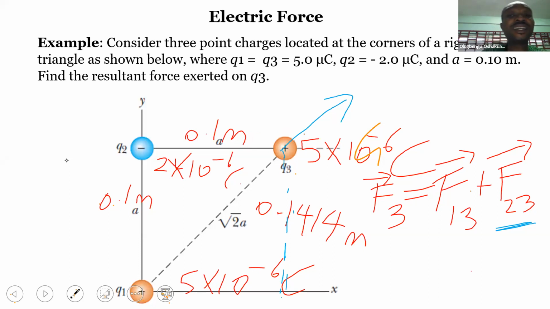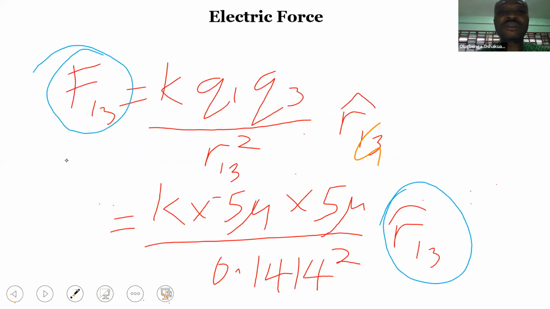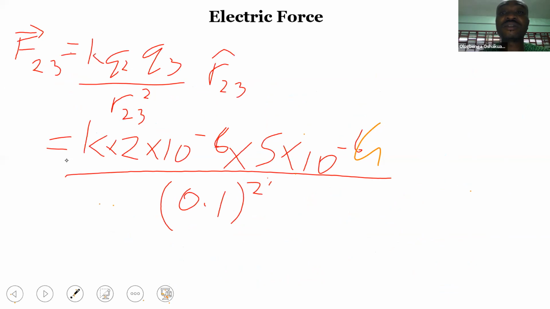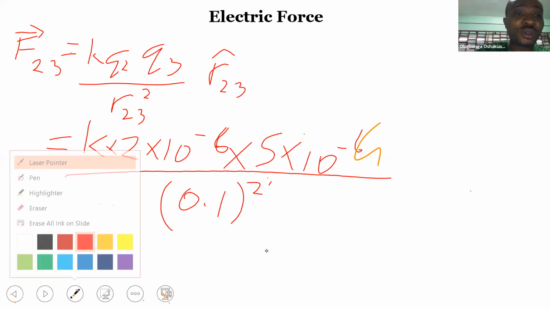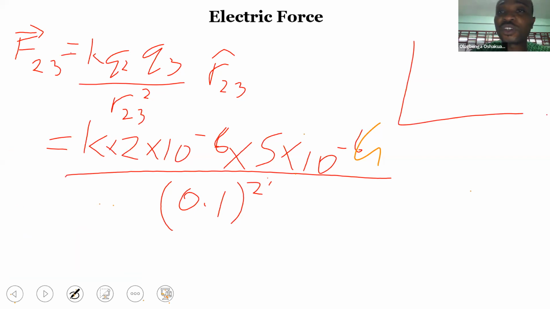If it's acting in the negative X direction, we don't have to waste our time, we just say that this is acting in the negative X direction. So our R23 caret is equal to minus X caret.